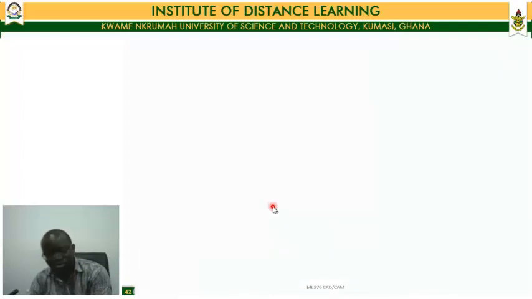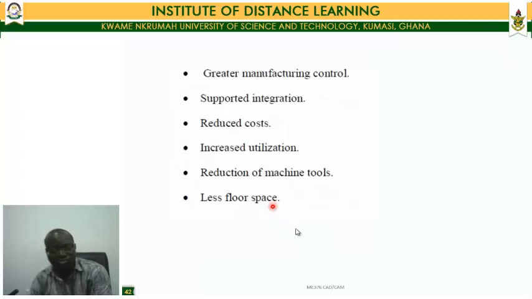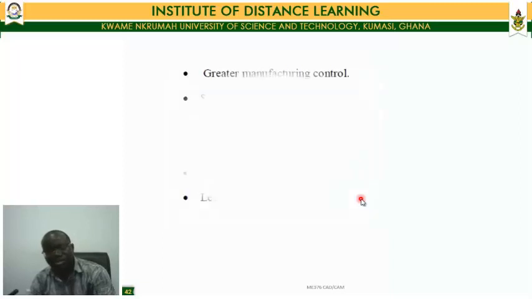The list goes on to greater manufacturing control, supporting integration, reduced cost, increased utilization, reduction of machine tools, and less floor space. All these things are part of that.